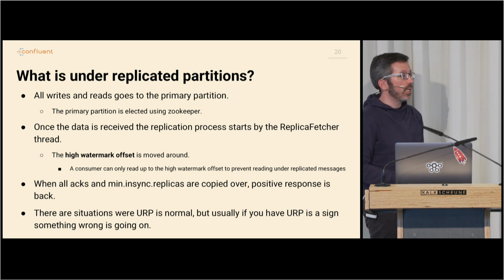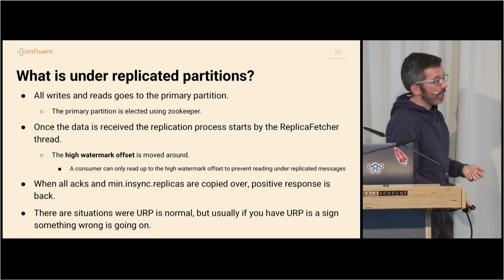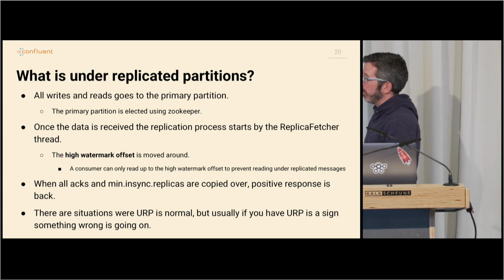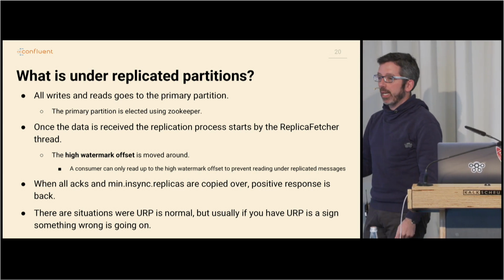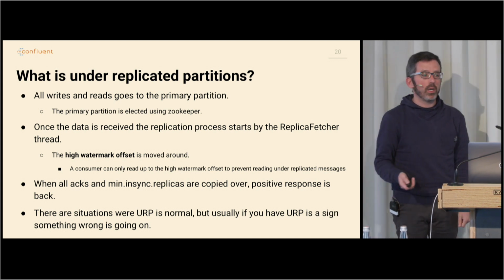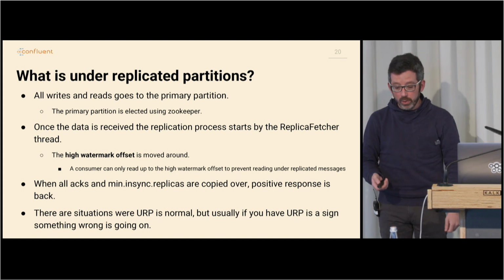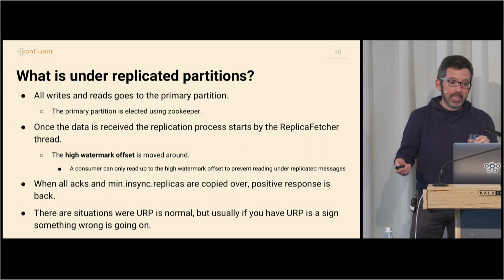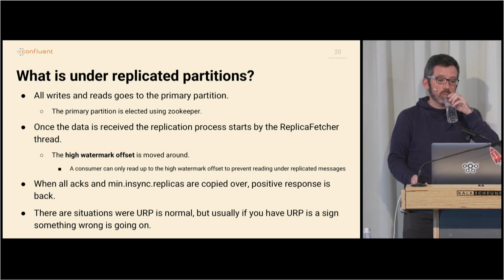There are situations, like for example when you bring a new broker in or you are doing a rebalance of a partition, where under-replicated partitions might be normal. But if you have under-replicated partitions, something wrong can be happening. Okay? So it usually works as a canary. It may be okay-ish, but there may be situations where this is wrong.